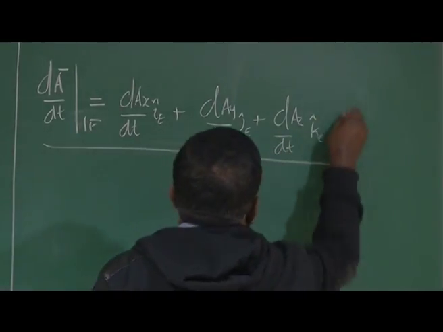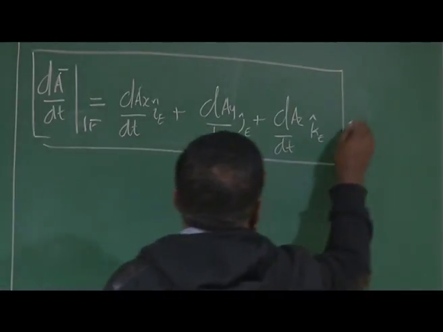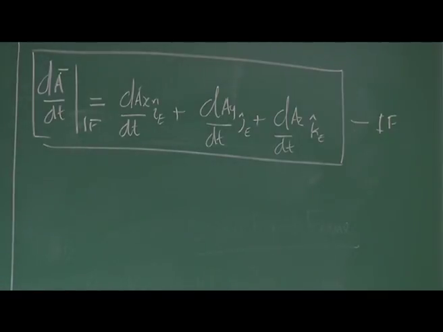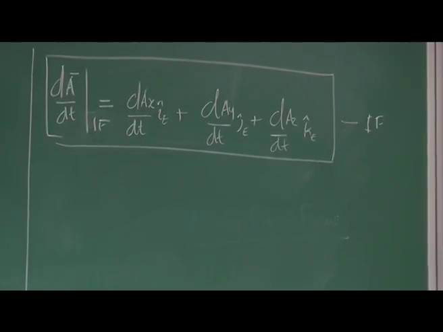As simple as that. This is the derivative of a vector in the inertial frame. It is nothing great. We were all doing this in class 9 and 10; every problem was solved in the inertial frame.